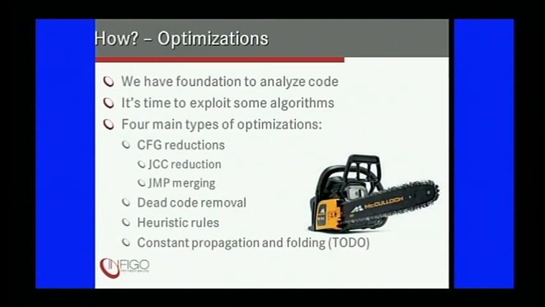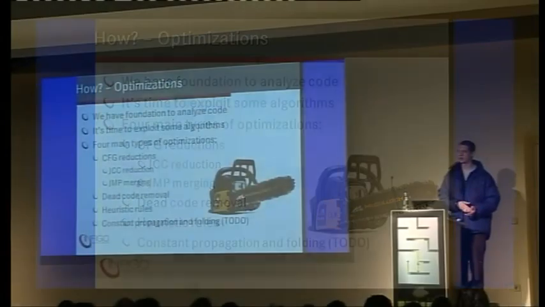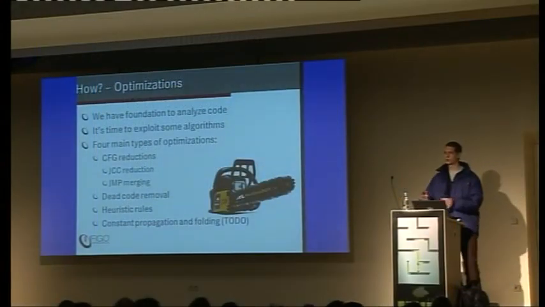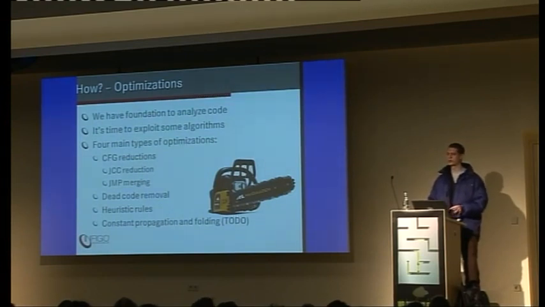Another control flow optimization is conditional jump reduction. So you have a conditional jump that is basically an opaque predicate, and for example, the false path is never taken. So you can automatically prune the whole path, replace the conditional jump with a jump, and continue analysis. The next group is dead code removal, in which you remove all the dead code that is just inserted to slow you down.